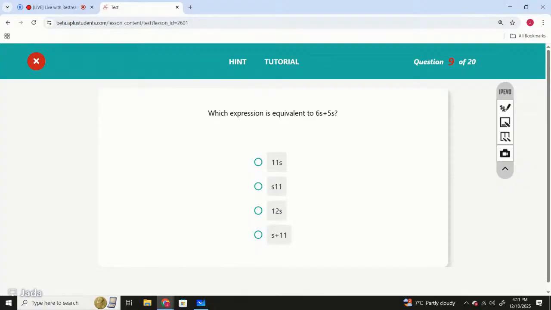So 6 plus 5 is 11s. Option number 1 is the correct option, that equals 11s.